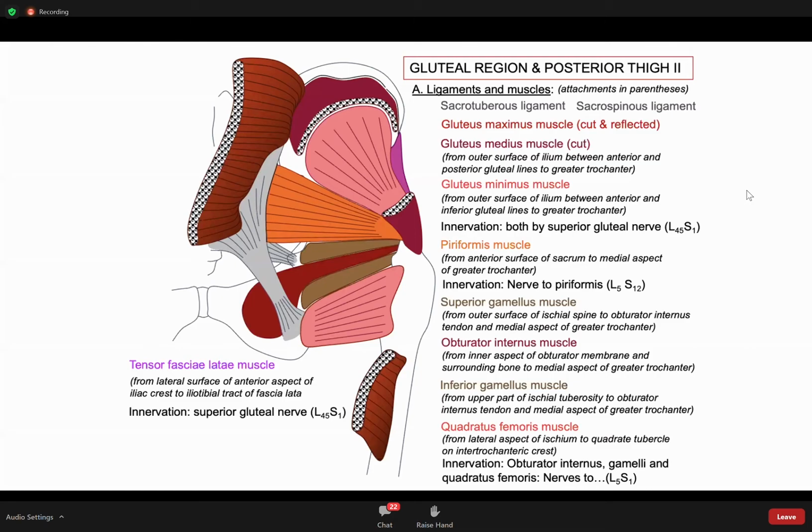So, these are the nerve supply of these muscles. And now, there is my favorite, the sciatic nerve. It's passing below the piriformis. This is the common trend of emergence of the sciatic nerve.